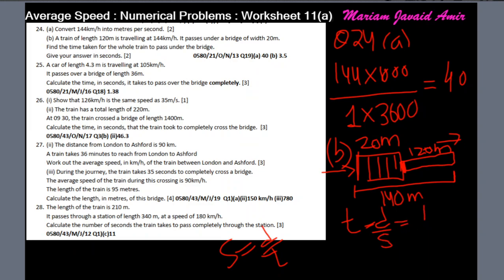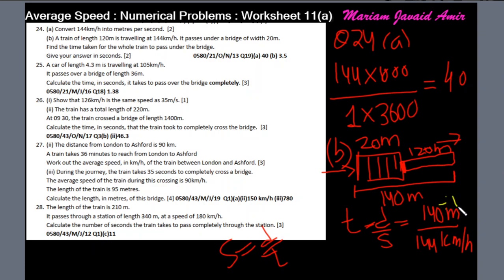The distance is 140 meters and the speed of the train was 144 kilometers per hour. So now we need to change meters to kilometers first, so divide 140 by 1000 in the numerator.